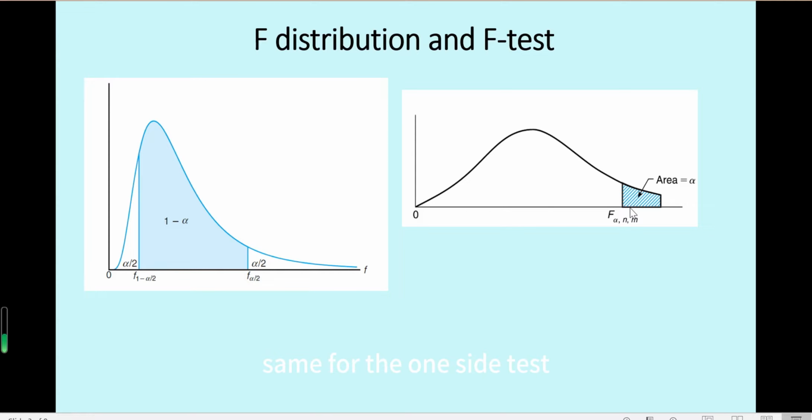Same for the one-sided test. If we get the sample, calculate the statistic, and it's located in this area, we say the test is significant, and we reject the hypothesis that the two population variances are equal.